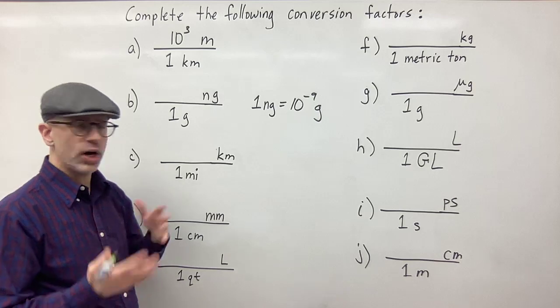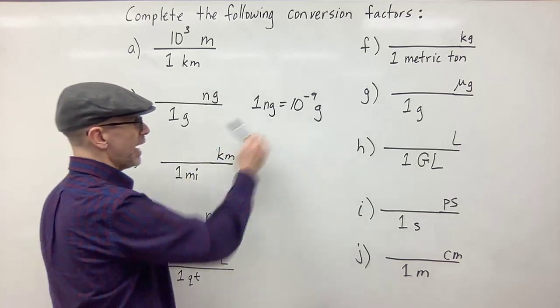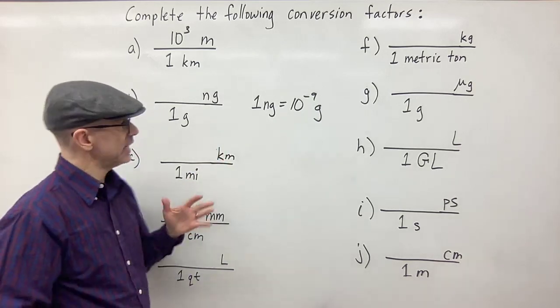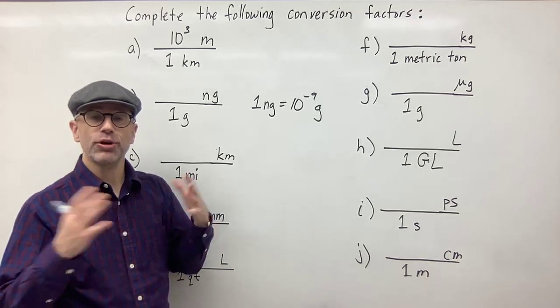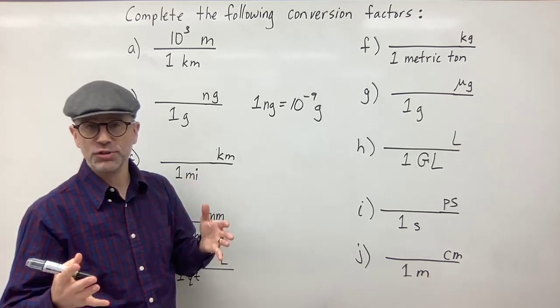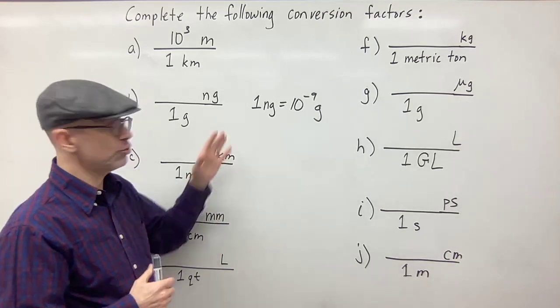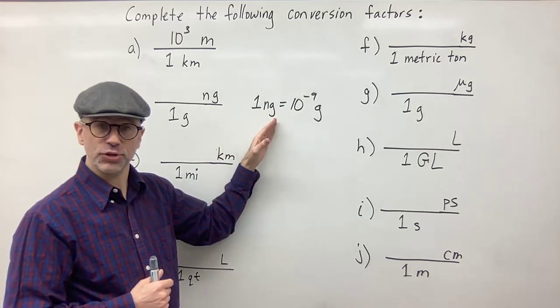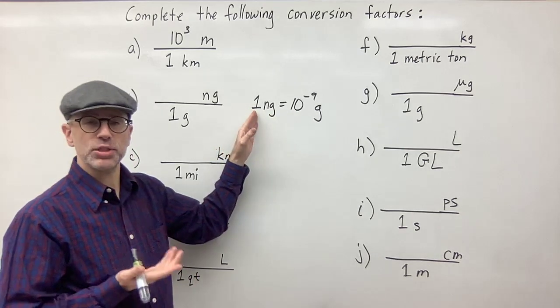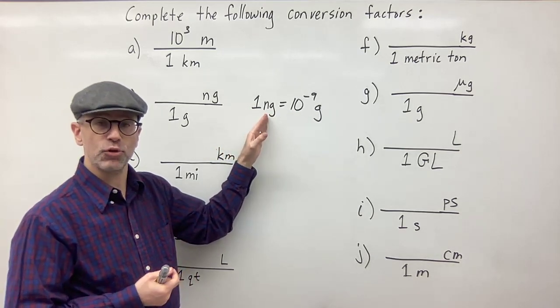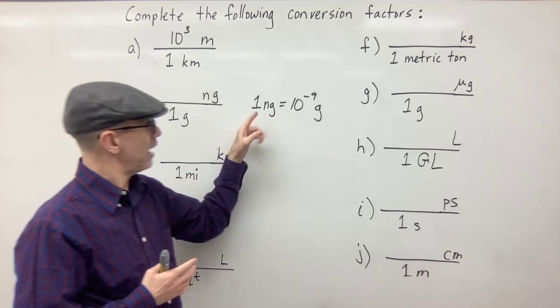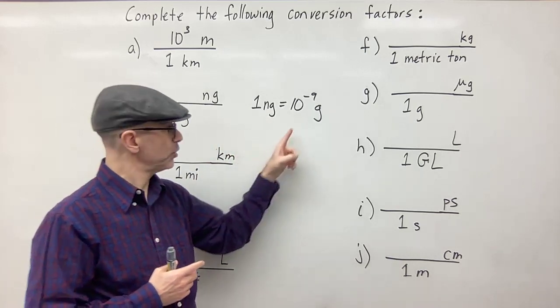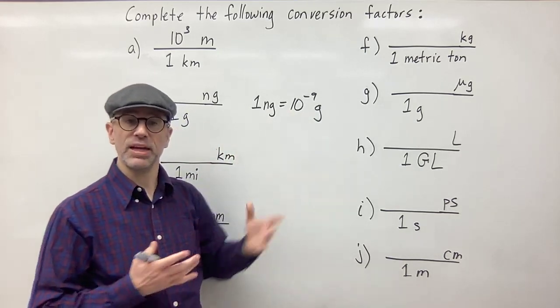So 1 gram. My rule of thumb is that if you had to create the conversion factor from scratch using your metric units, then I would always put the 1 with the prefix unit, because I know whatever that prefix means, I'm going to put the multiplier with the base unit.